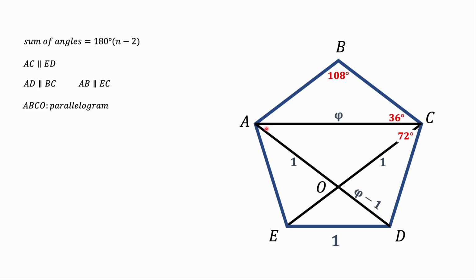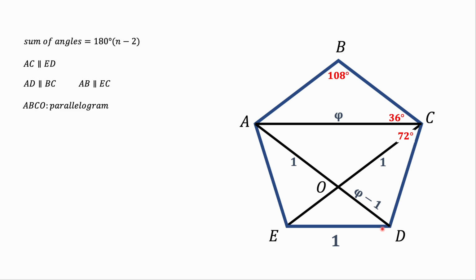Now look at triangle AOC and triangle EOD. Those triangles have two congruent angles. Angles O of both triangles are vertical, so they're congruent. And also, let's say angle A here and angle D here have to be congruent because they are what's called alternate interior angles for parallel lines AC and ED.